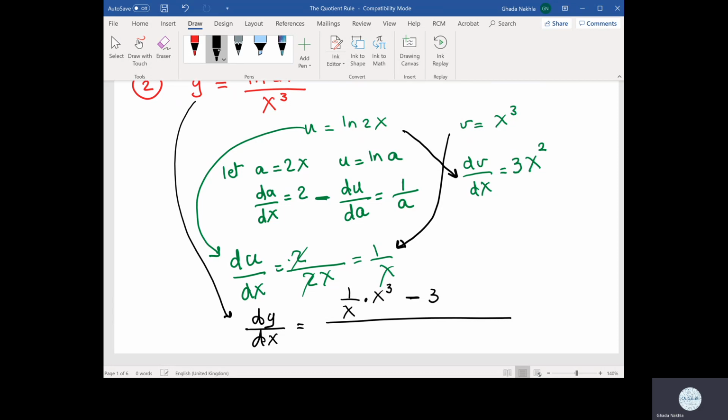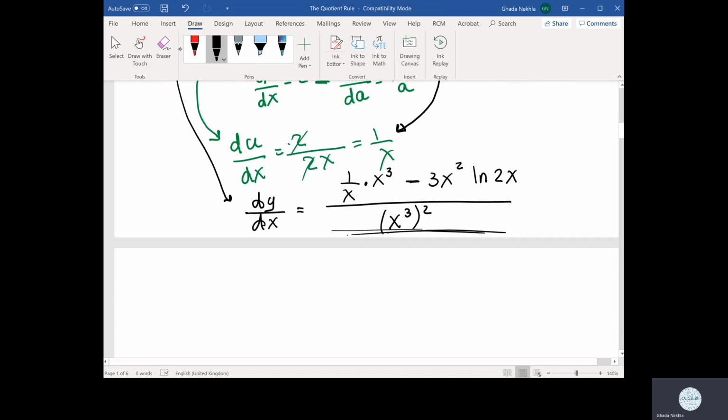So 3x squared ln 2x divided by v squared. So it's divided by x cubed all squared, which is x to the 6. And I'm going to leave it there. I'll leave it for you to simplify. You can take x squared common factor from the numerator and then simplify it with the denominator.